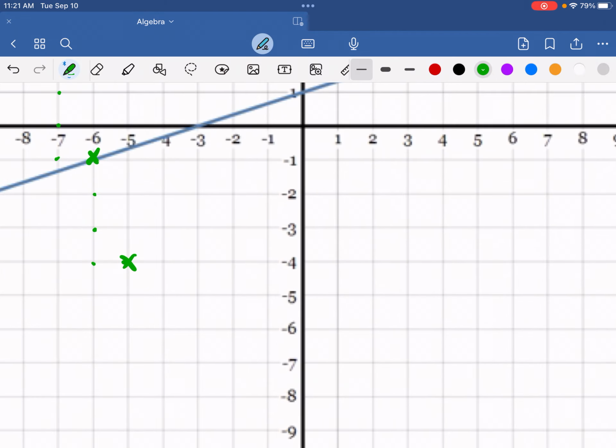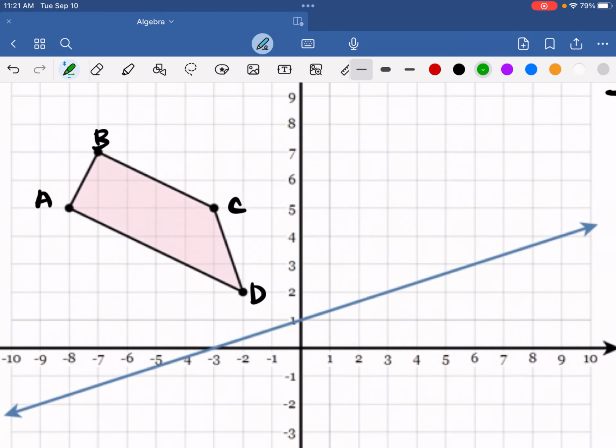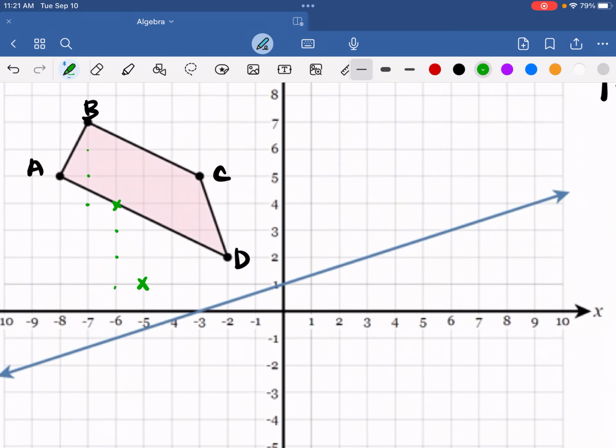Okay, let's do B. I think I am going to erase those dots that I had though. Okay, B. Down 3, 1, 2, 3 over 1. That's once. 1, 2, 3 over 1 twice. Now, it's not going to do a full one, so I'm not going to count it until I'm over the line.